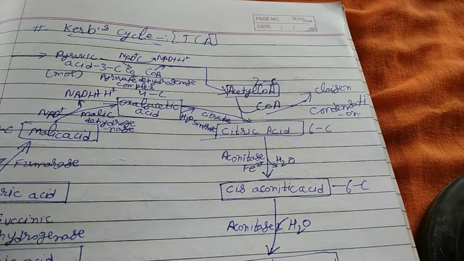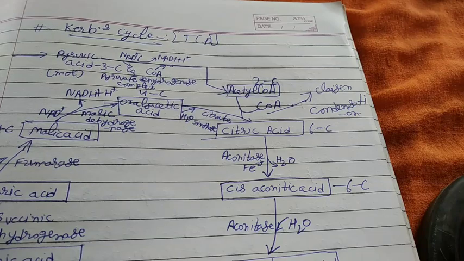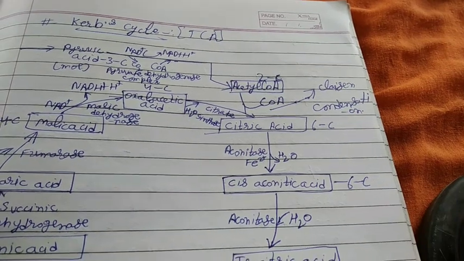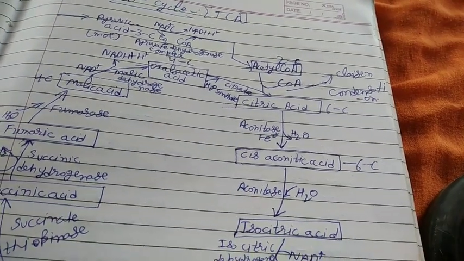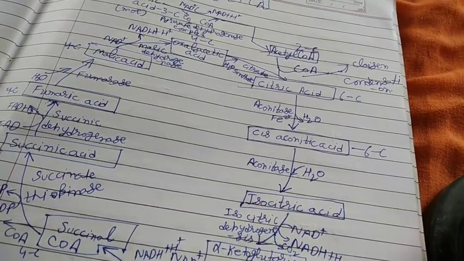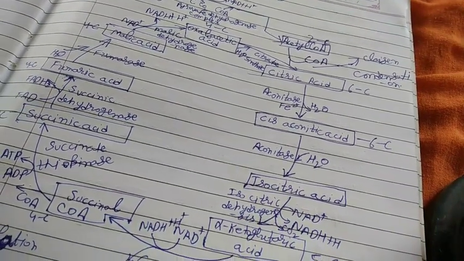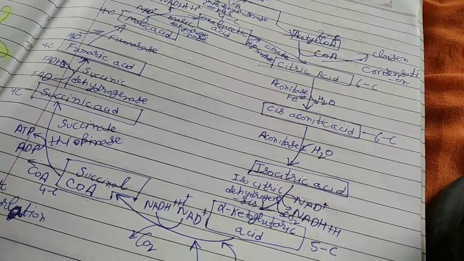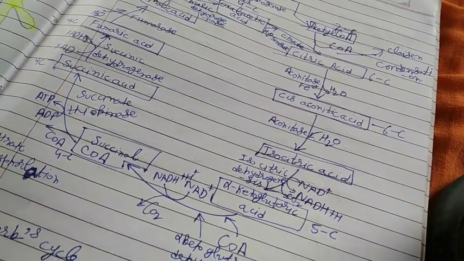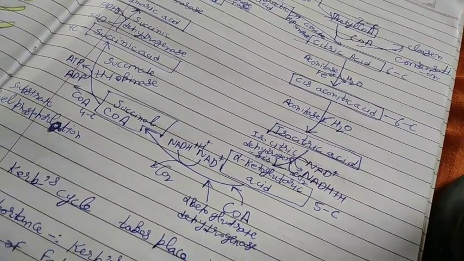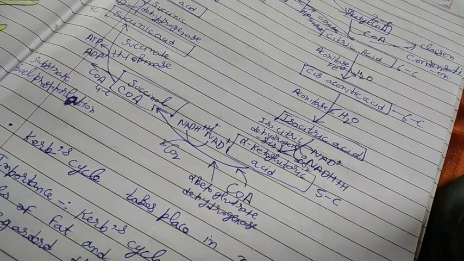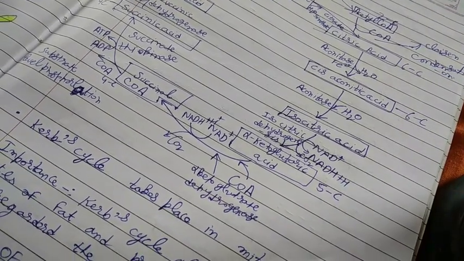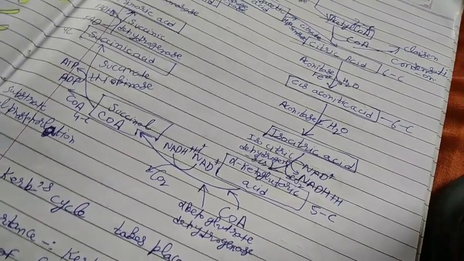So guys, on your mobile screen you can see a diagram of the TCA cycle. I will rotate the camera so you can see this cycle completely. Let's get started.